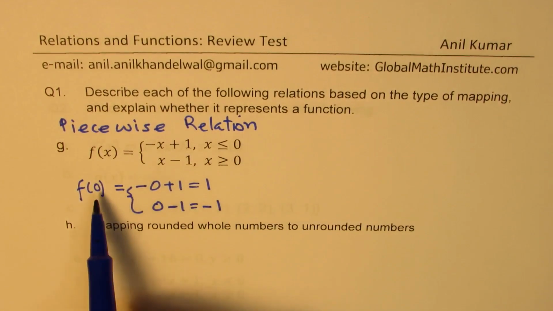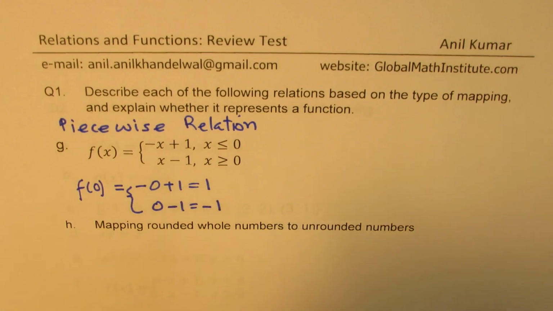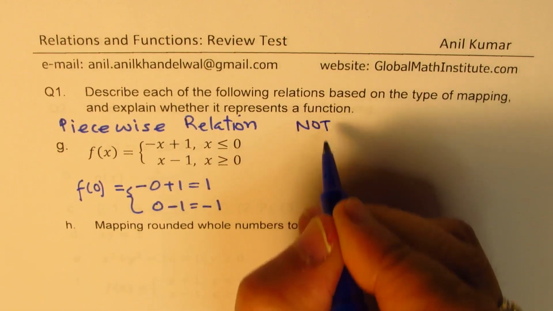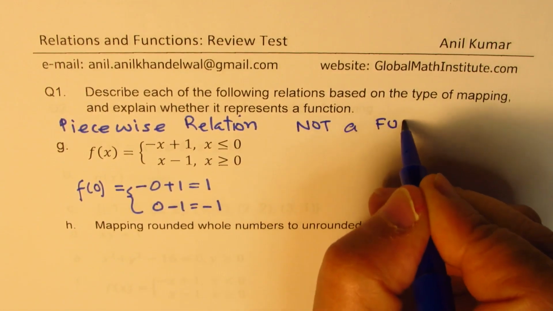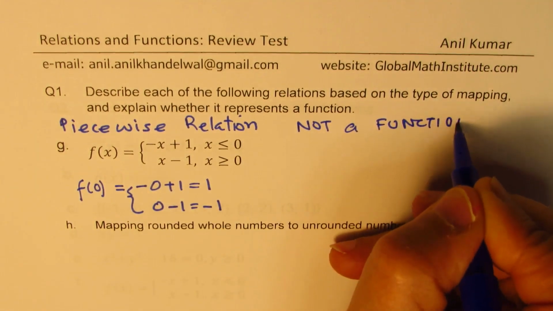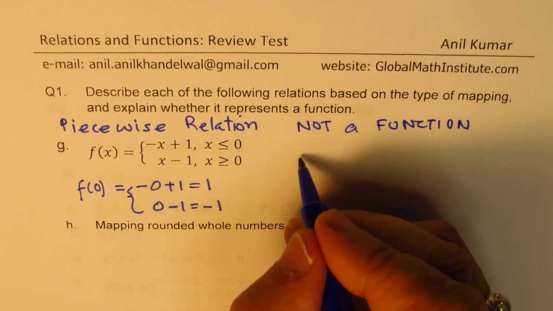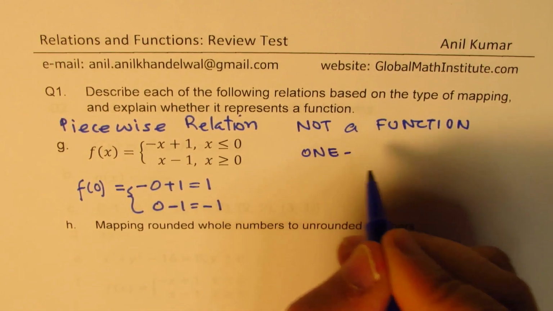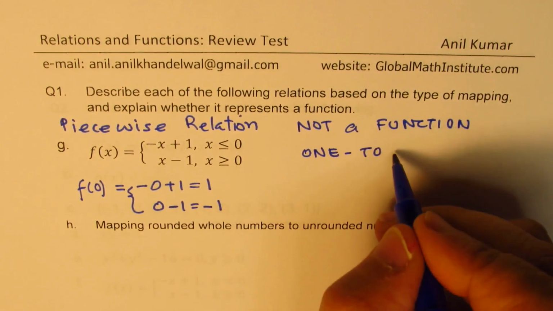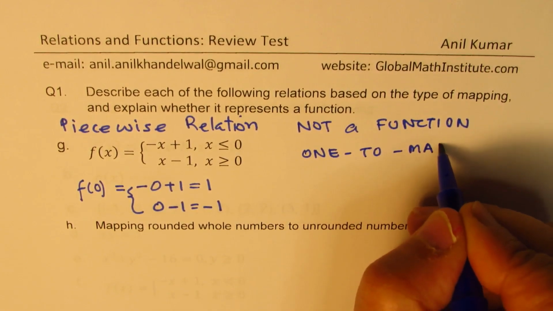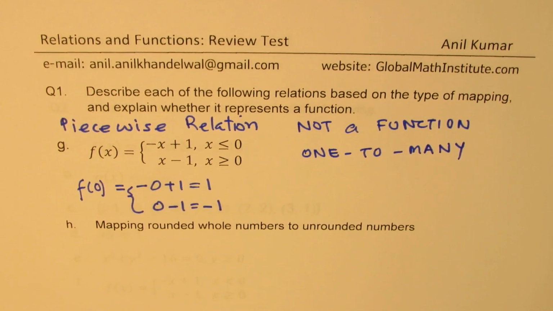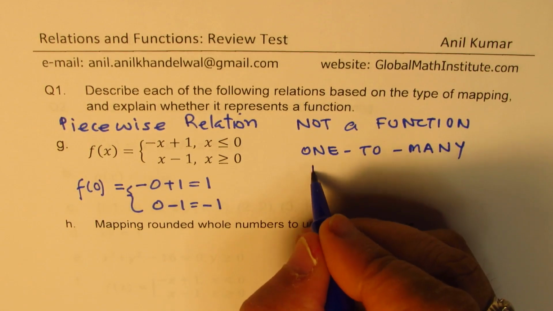And since for 0 we have two values, it is not a function. One value of x can give you many values of y. More than one means many for us. Is that clear to you? So it is not a function and is a one-to-many type of relation.